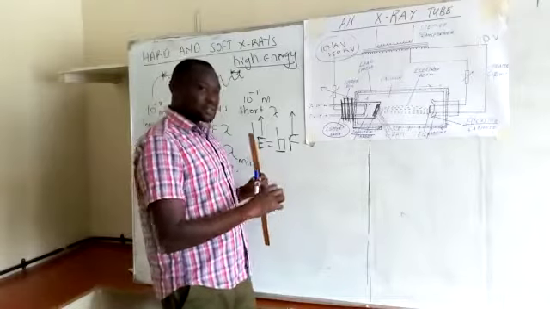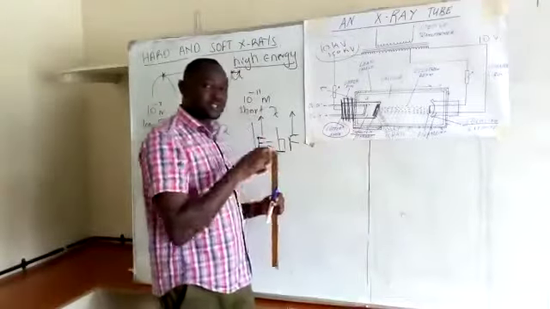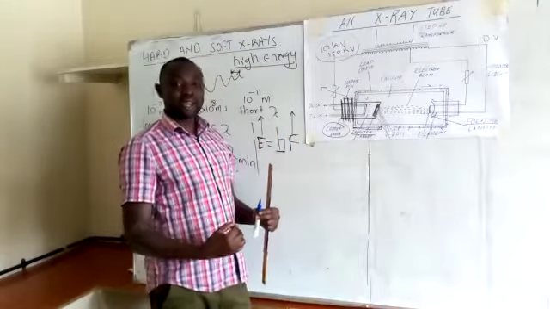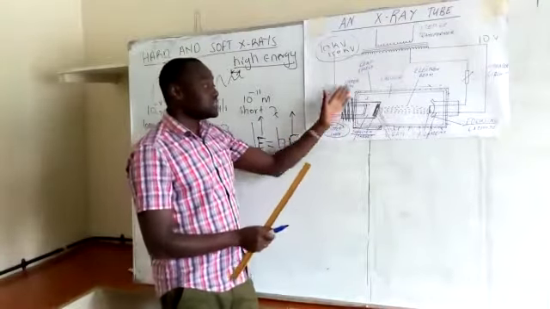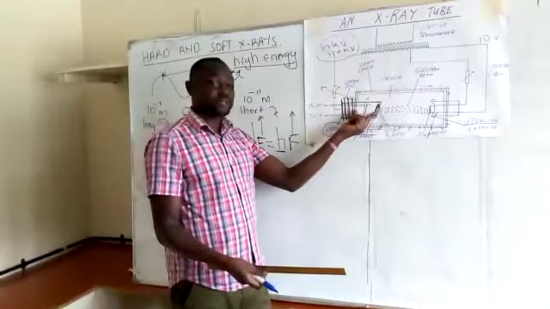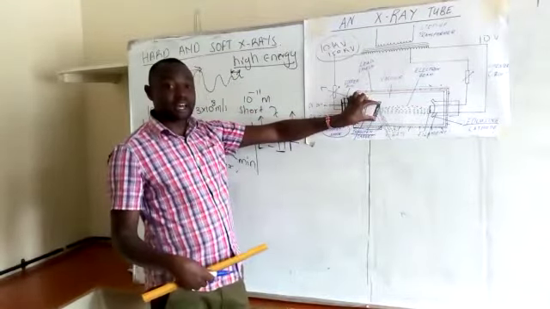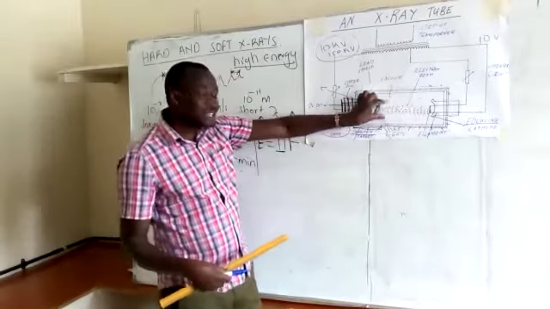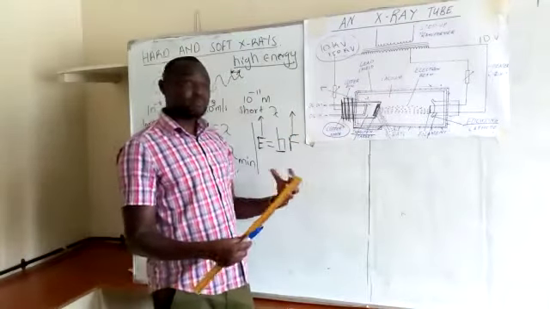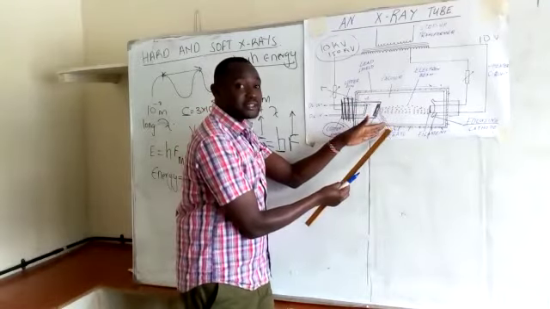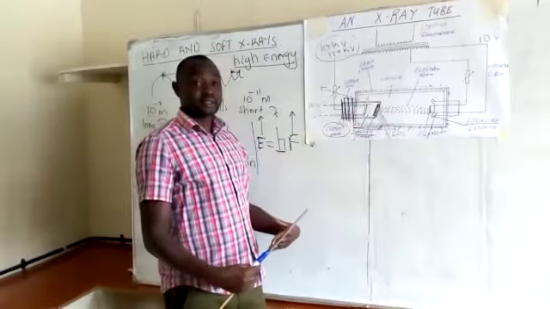On the same note, if we want to produce soft X-rays, we simply want to produce X-rays with low energy. So what do we do? We reduce the accelerating potential. By so doing, we'll be reducing the speed of the cathode rays, therefore reducing their kinetic energy, meaning after hitting the target, the energy they will transfer to the X-rays will also be less.